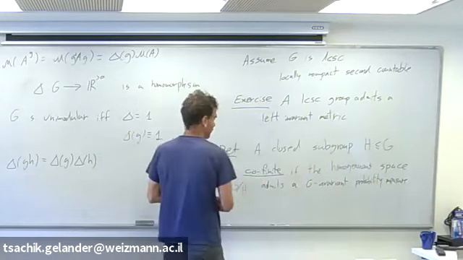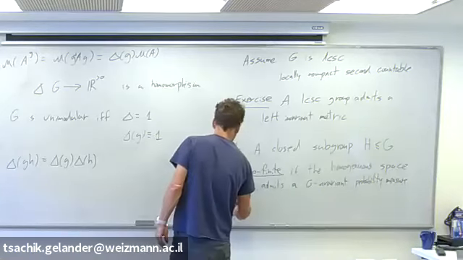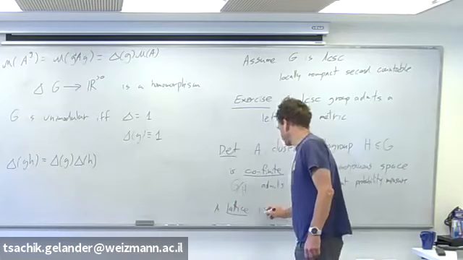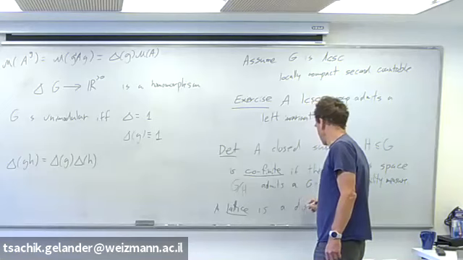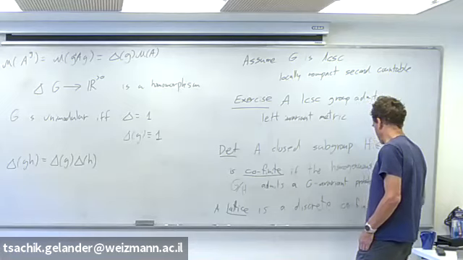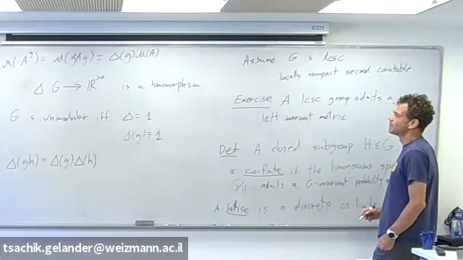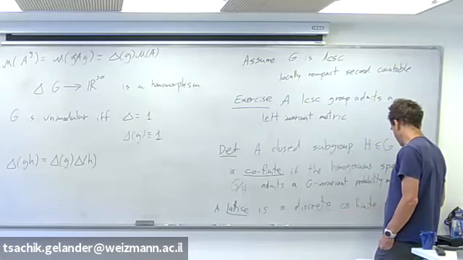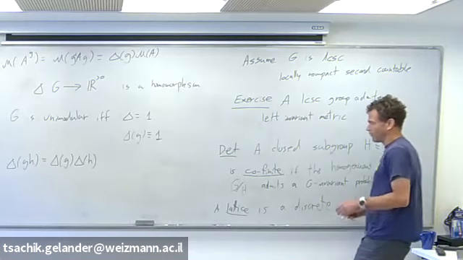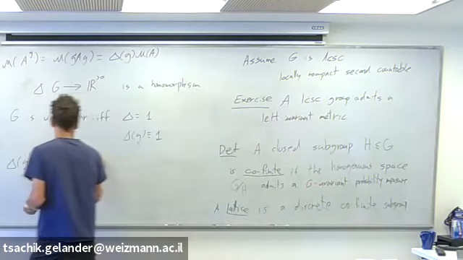Now, an important definition for this course, a lattice is a discrete cofinite subgroup. If it's discrete, then of course it's closed, since a discrete subgroup is closed.